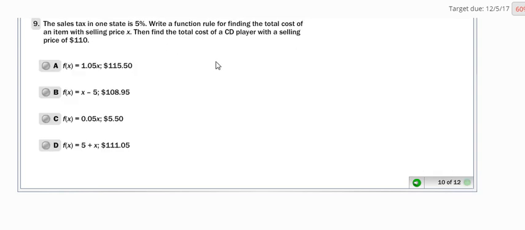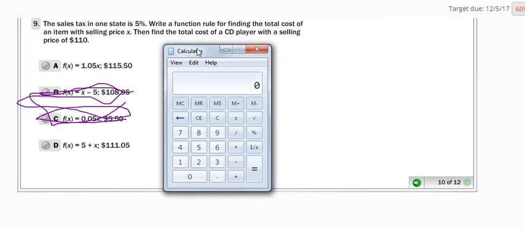Okay, another sales tax one. So again, the sales tax is going to be added on to the price of your item. So anything that's lower than the price of your item, you can immediately cross out. So B and C are gone. So let's figure out the cost of our item. That might make it a little easier.